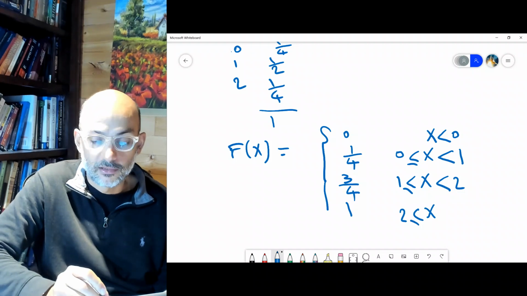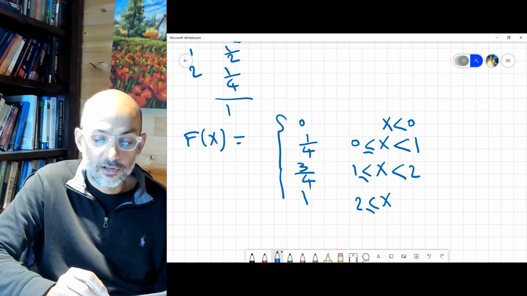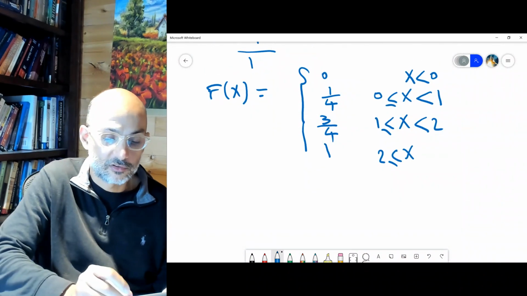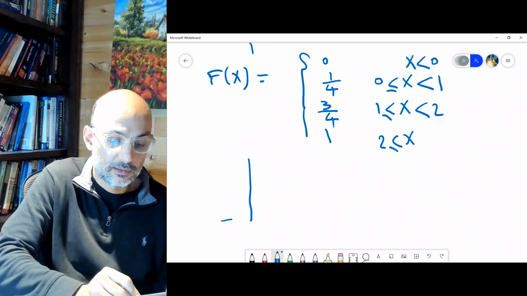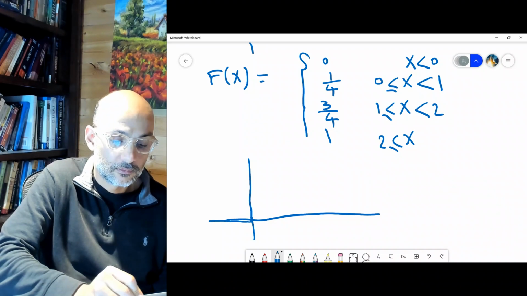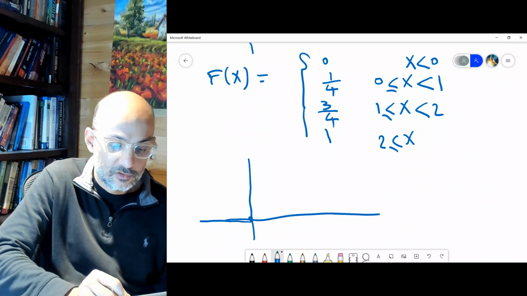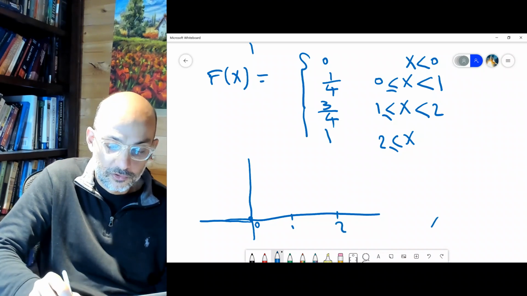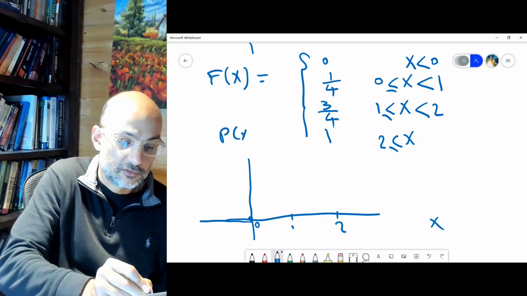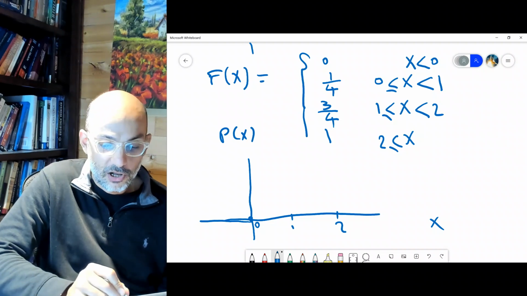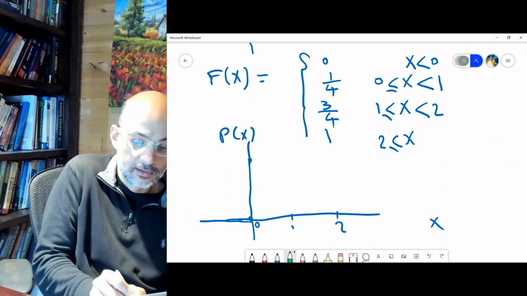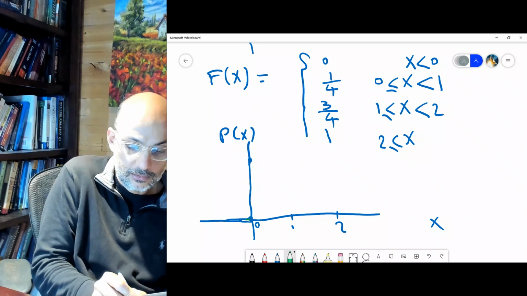So it's cumulative. And if you try to illustrate this function, it would look something like this. This is your 0, 1, 2. This is your x. This is the probability of x. If x is less than 0, it's 0 here.